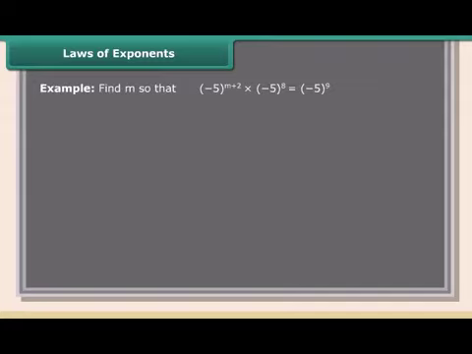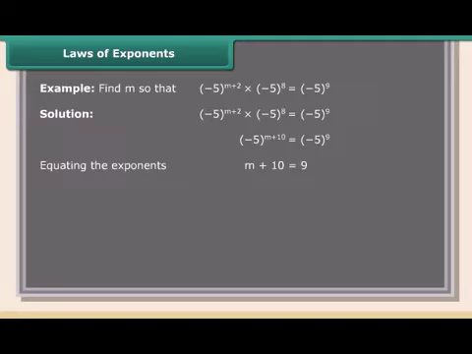Example: find m so that (-5)^(m+2) × (-5)^8 is equal to (-5)^9. Solution: (-5)^(m+2) × (-5)^8 is equal to (-5)^9, so (-5)^(m+10) is equal to (-5)^9.